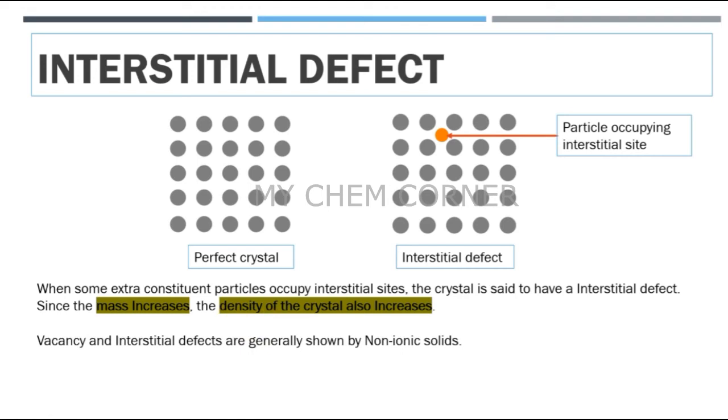So vacancy defect and interstitial defect are quite opposite. In the vacancy defect, a lattice point moves out of the lattice. But in interstitial defect, a cation can come and sit in the smaller spaces between these lattice points. Now, where are these vacancy and interstitial defects generally seen?